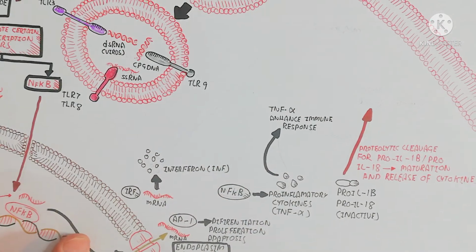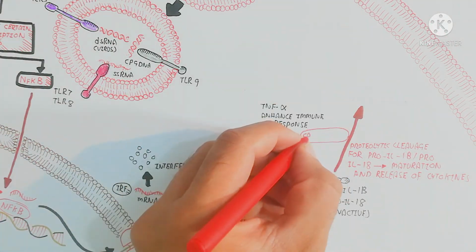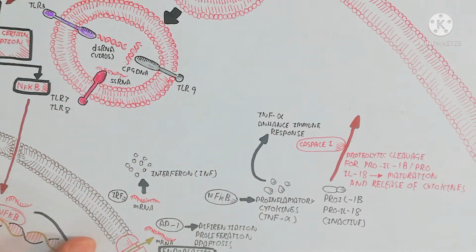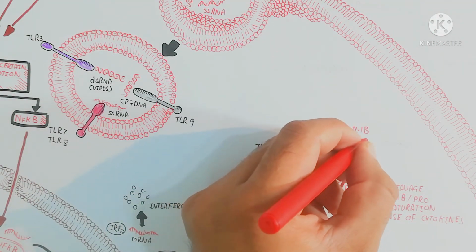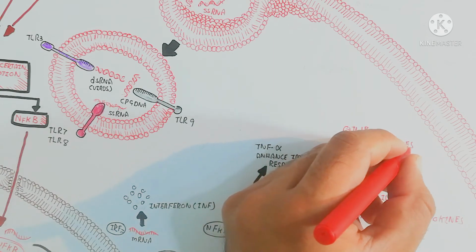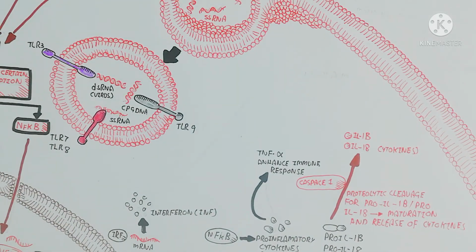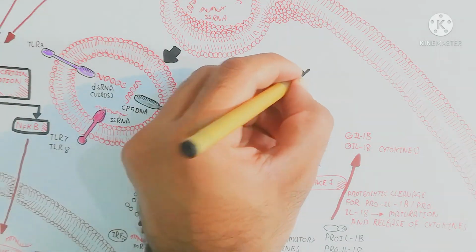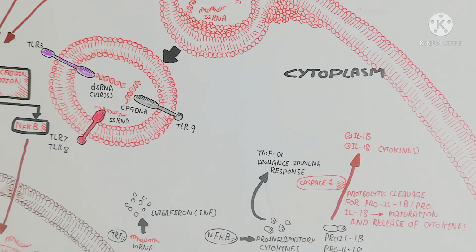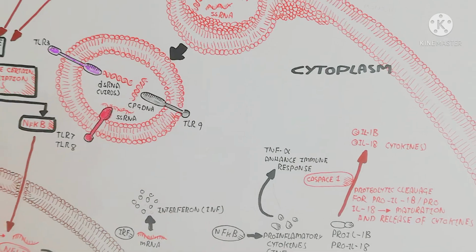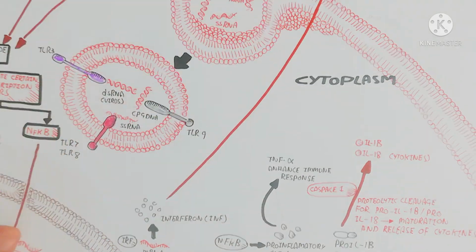In this way the pro forms become mature interleukin 1b and interleukin 18 through the protein caspase 1. This caspase 1 is the proteolytic cleavage protein. After the cleavage, the mature cytokines interleukin 1b and interleukin 18 are produced.